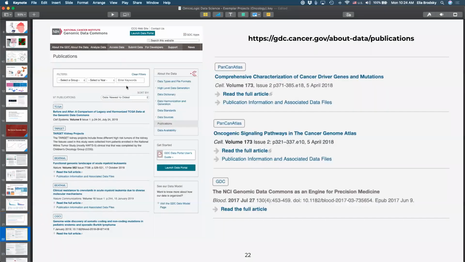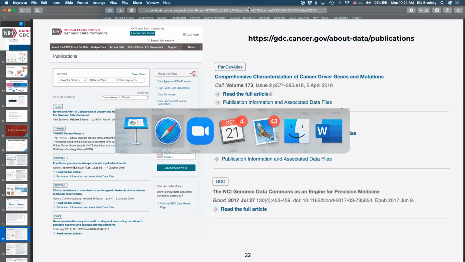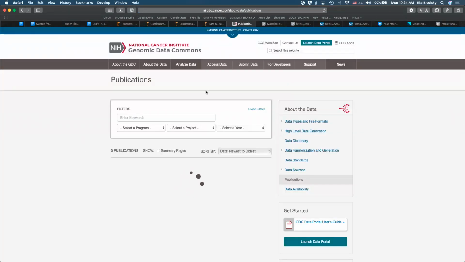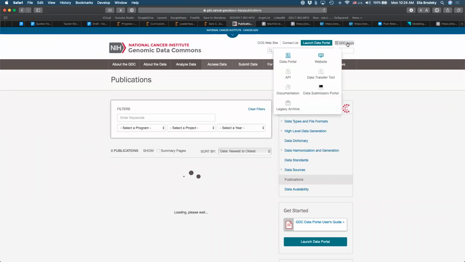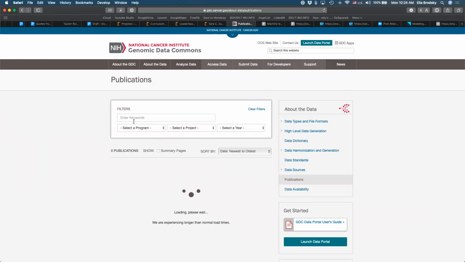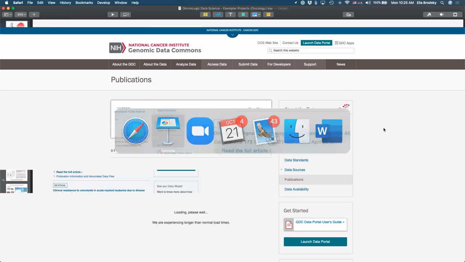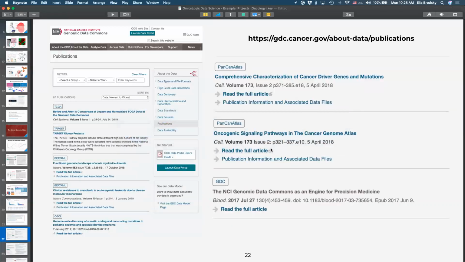Now, the easiest way to look at the different publications that come out from the TCGA project is to look right here. You can also click right here on GDC apps, and you can see what they offer here, data portal and things like that. And so one of the things that you can see are publications, and you can search for publications in terms of different types of cancer, like breast cancer related publications, but also you can look at publications for pan-cancer studies.